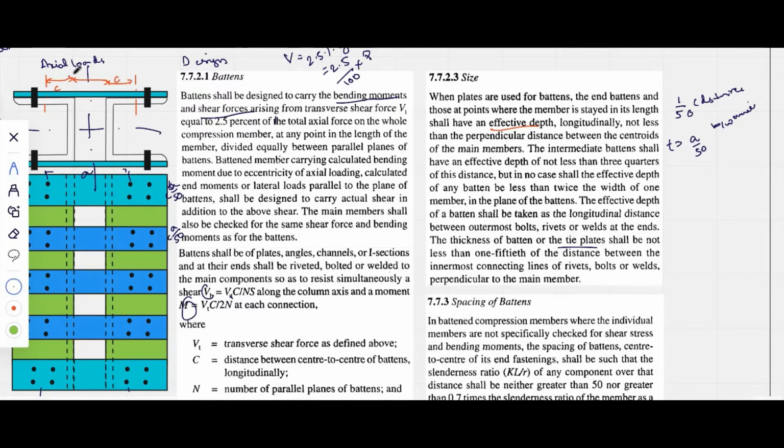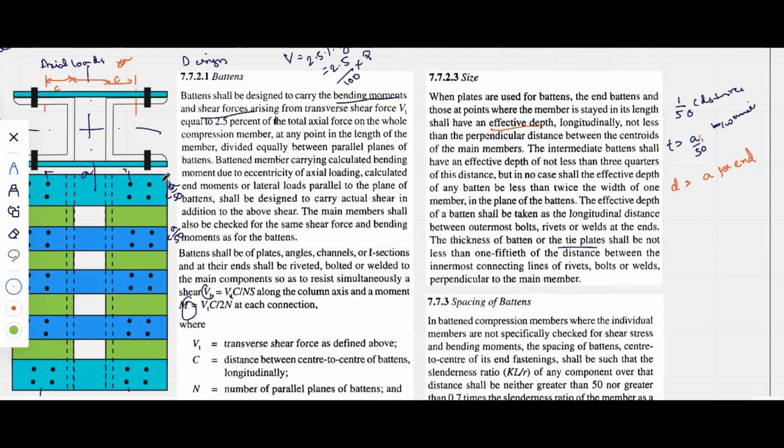Let us assume this total distance as A. Then the minimum depth of the batten must be greater than A for end battens.